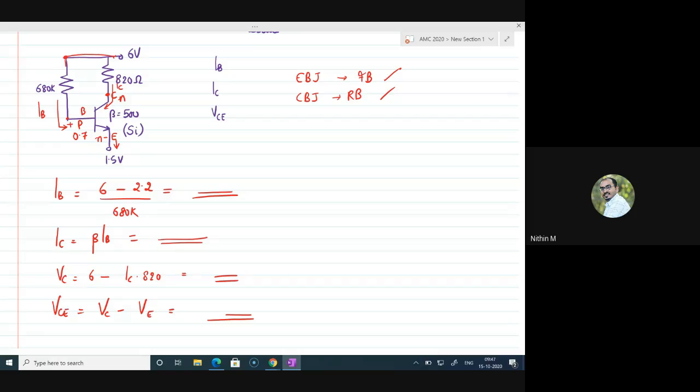Okay, so what is the value for IB? IB is 5.58 microamps. That is right. So IC will be, not milliamps, Irshad, it is micro.